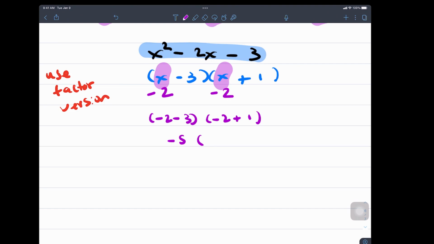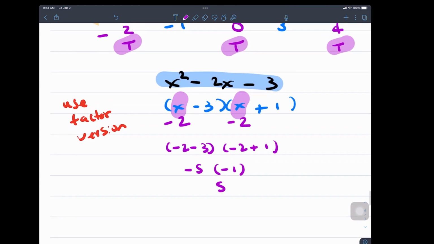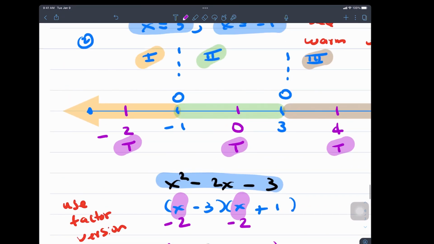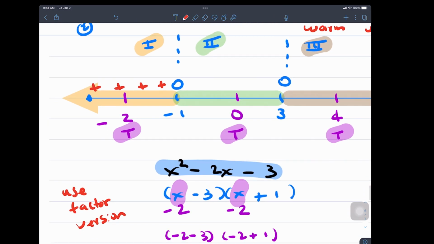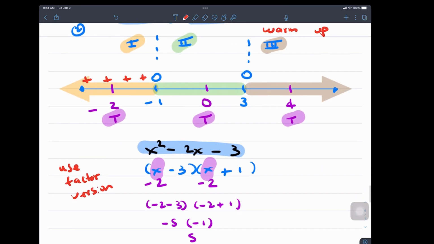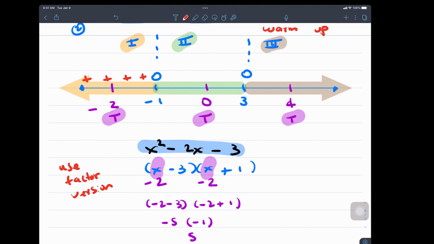What's -2 plus 1? Is that -1? What's a negative times a negative? It's positive. You guys okay with that? What does it mean about region 1? Region 1 is positive, because the test point of -2 gives you a positive answer.